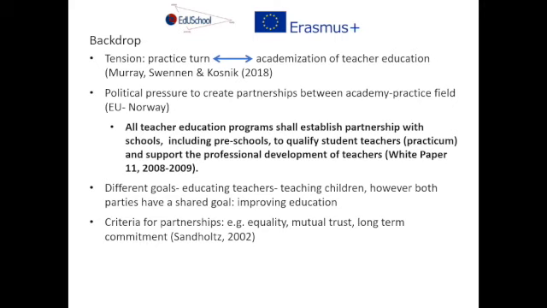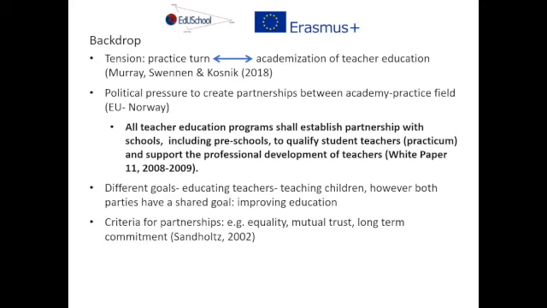We also have to acknowledge, when we're talking about the backdrop, that universities and schools have different goals. The schools teach children, whereas our job at the university is to teach adults. However, I think that jointly we have a shared goal, and that is to improve education.